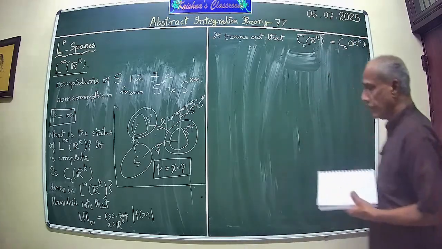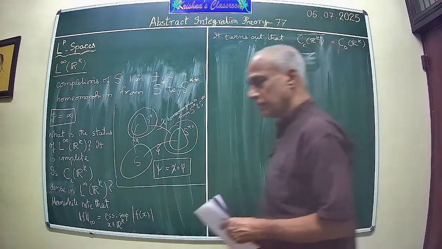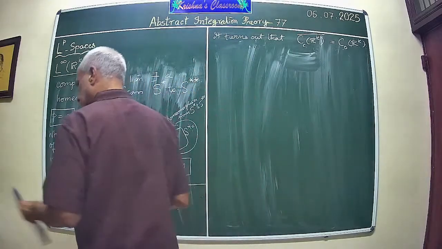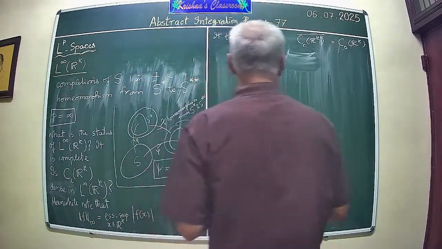What is C naught RK? C naught RK consists of all those f which die down. Okay.